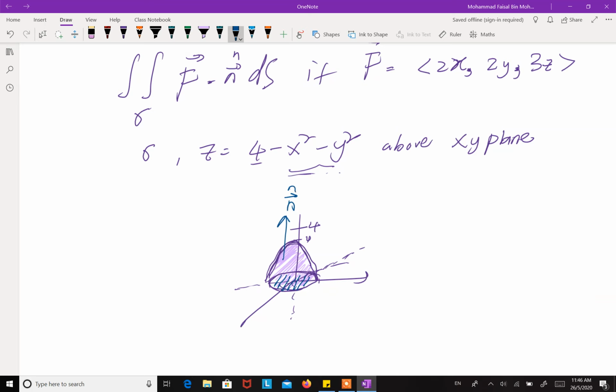The n is positive upward, positive k, positive z, and positive n. The surface direction is from the surface to the positive z, upward.